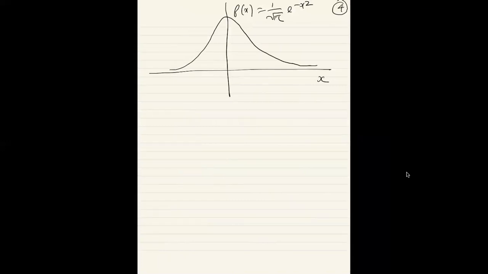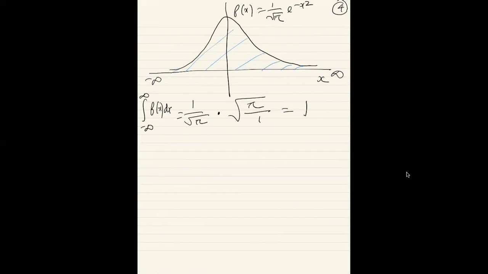So we just saw that the area under all of this, as you go from minus infinity to infinity, would be 1. So let's write it down. Minus infinity to infinity f of x dx would be 1 by square root of pi multiplied by square root of pi by a, which is equal to 1.